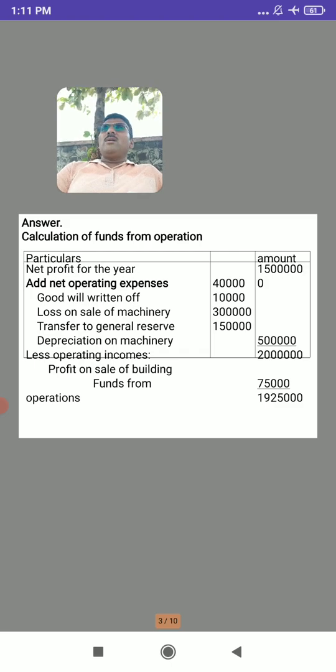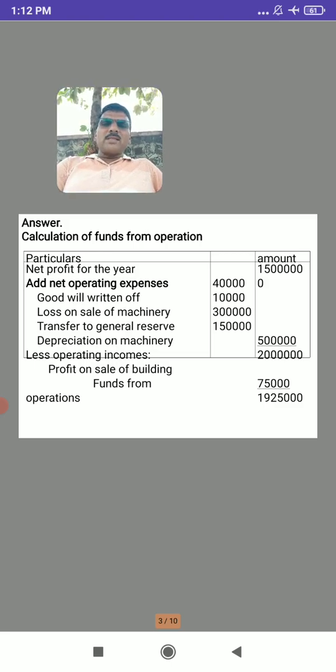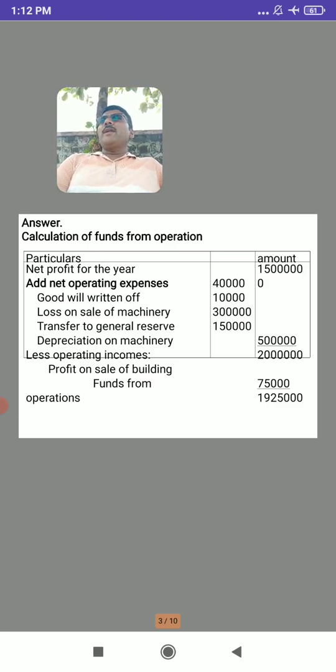We have seen in the last sessions many non-operating expenses, like depreciation, any loss on sale of asset, transfer to general reserve, tax paid, dividend paid. Anything which we have paid is a non-operating expense, and such expenses are to be added to the net profit given as per the P&L account.